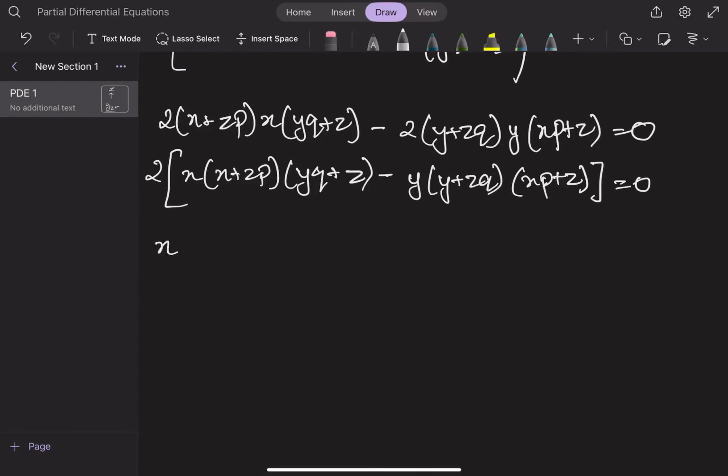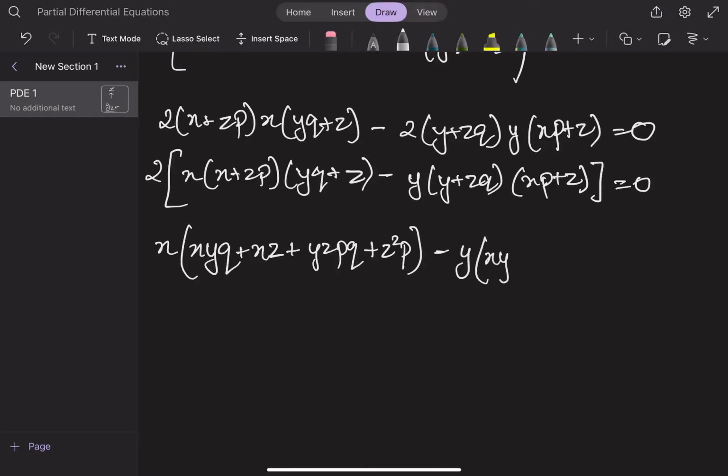So x multiplied by xyq plus xz plus yzpq plus z square p, minus y multiplied by xyp plus yz plus xzpq plus z square q, is equal to 0 divided by 2.